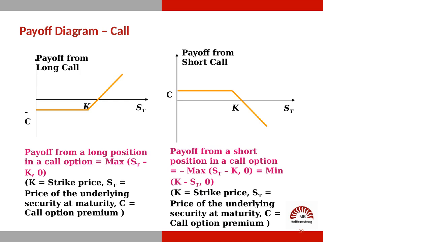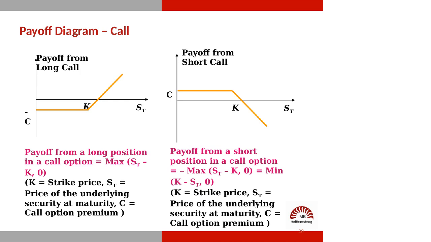The person who receives the premium does not have the choice of deciding whether to exercise or not. That choice is exercised by the person who has paid the premium.